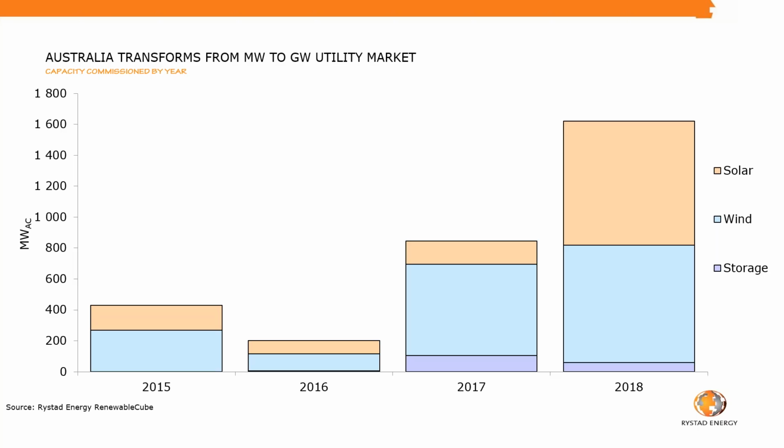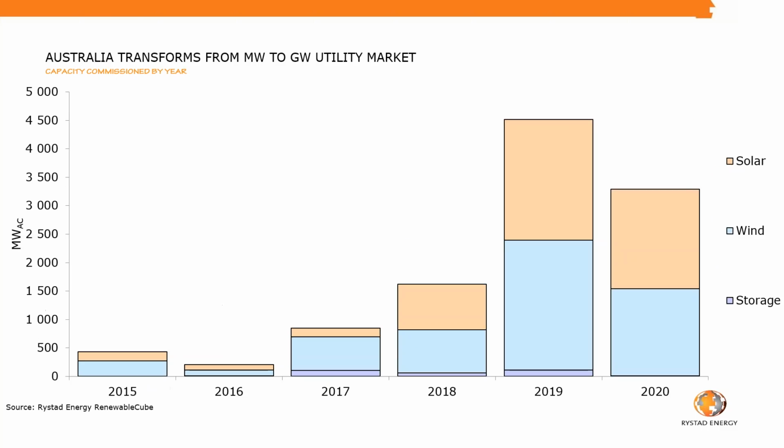It's also the first time that utility PV commissioned more than wind in a single year. And despite how big a year 2018 was, we expect 2019 and 2020 to surpass it by quite some distance. You can see on the plot that we're expecting in the order of 2 gigawatts each of utility PV and wind to be commissioned in 2019 and 2020.